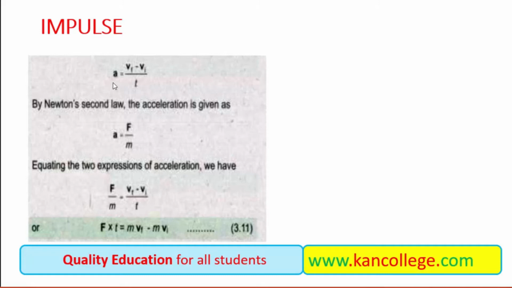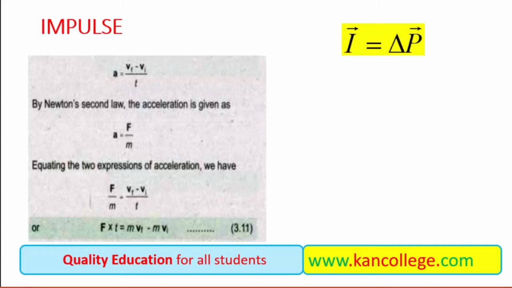So from the above two relations, the right hand sides are equal, meaning F over m is equal to (Vf minus Vi) over t. If we cross multiply, then F times t is equal to mass into final velocity minus mass into initial velocity.